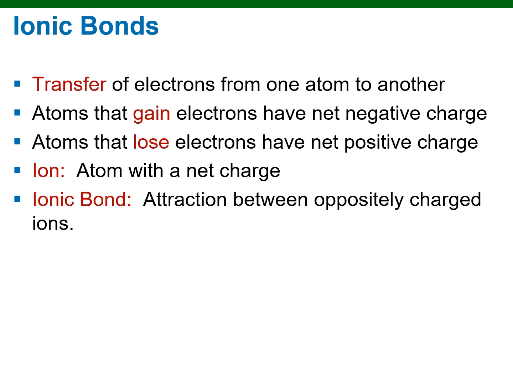Ionic bonds are formed through ionic interaction, where atoms or molecules ionize. An ion essentially is something with a charge. So we can talk about atoms having a charge, or molecules for that matter. If an atom or molecule has a positive charge, it's referred to as a cation.